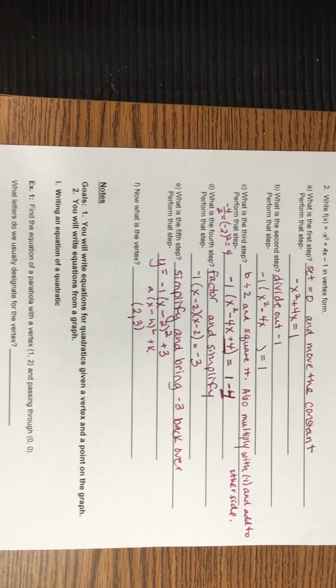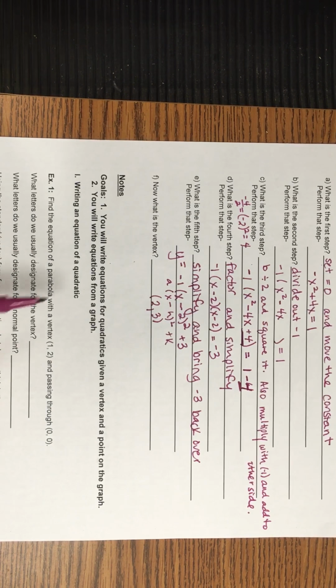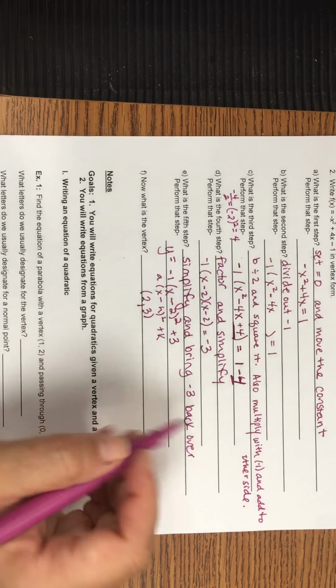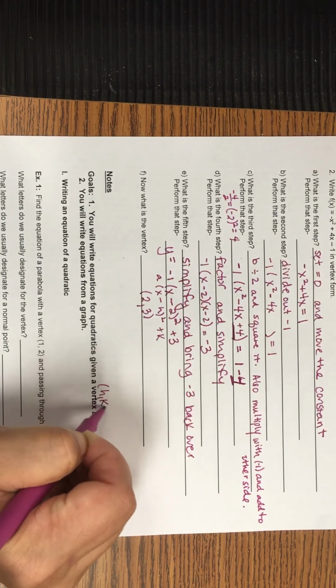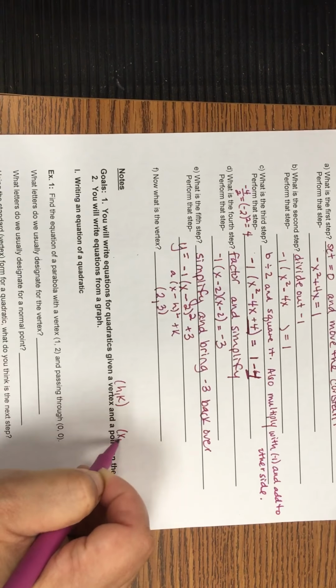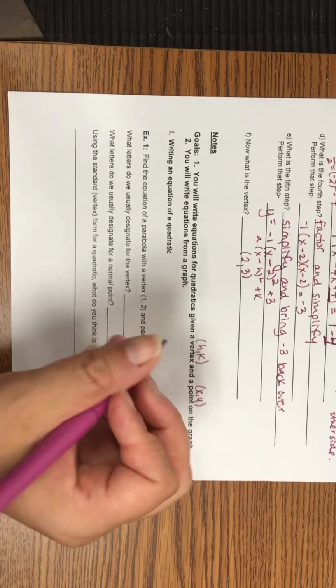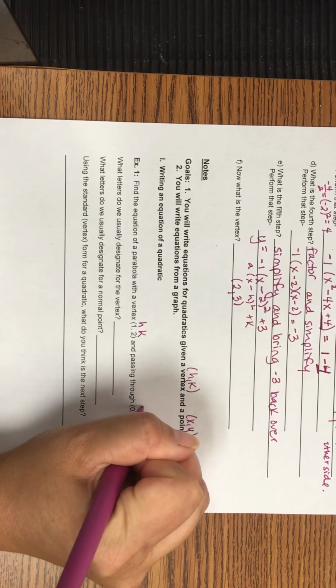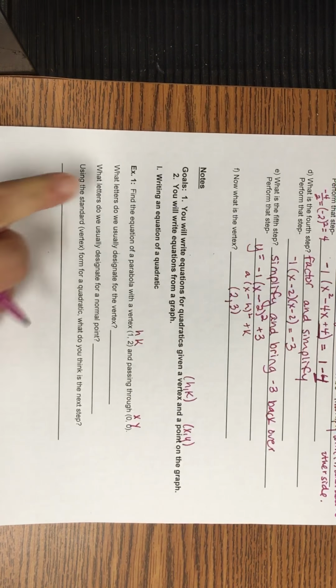The next thing we're going to be doing is looking at writing the equation for a quadratic if you're given a vertex and a point. So if you're given h, k and point x, y. Find the equation of the parabola with vertex h, k and passing through this point. What letters do we use for the vertex? h and k.